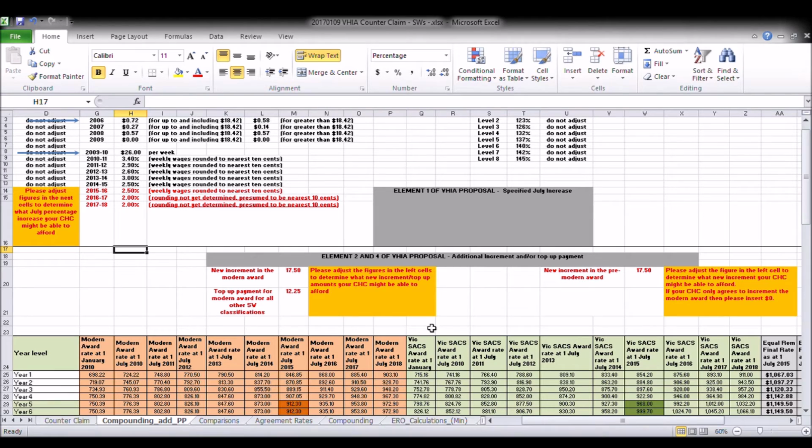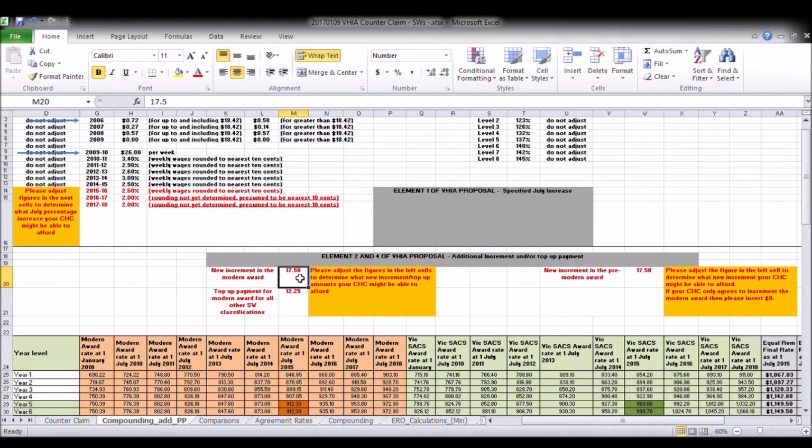Then we have element 2 of the proposal. Element 2 of the proposal in the briefing note was the extra additional increments to levels 1 to 5 for employees that have increased experience, which is the addition of the $17.50. You can amend the amount to something that is affordable if the $17.50 is not affordable for your community health centre.